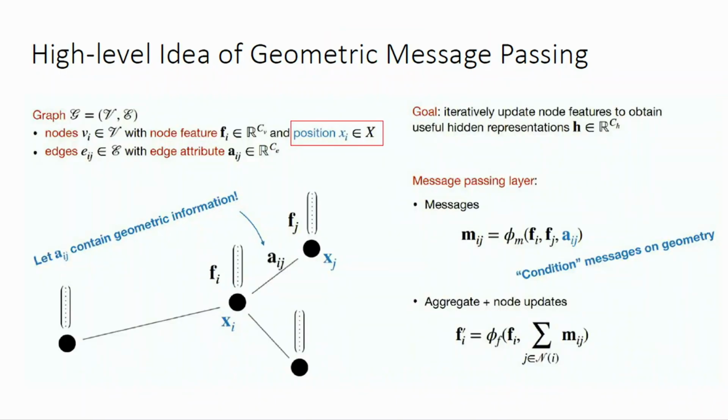All right, so if you recall normal message passing, it's basically about learning a function that propagates information from the nodes to their neighborhoods, and then the aggregation of these pieces of information, or messages, at the node. So now that we have a special type of information in the node, which we call the positions, the geometric message passing is really not very different from normal message passing.